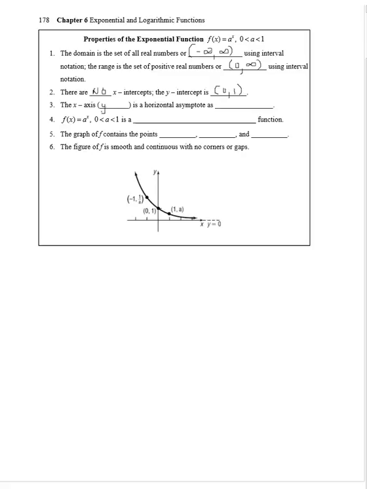The x-axis, or y equals 0, is a horizontal asymptote, this time as x approaches infinity. So as x gets bigger, it gets closer and closer to the x-axis. On the other ones, from the last part of the lecture, as x got smaller, y got smaller. So this time when a is between 0 and 1, the function is decreasing.